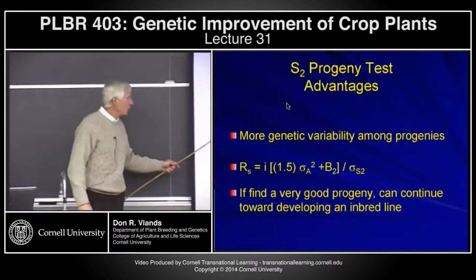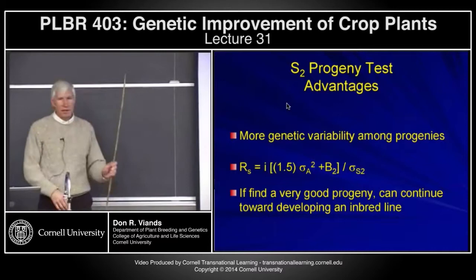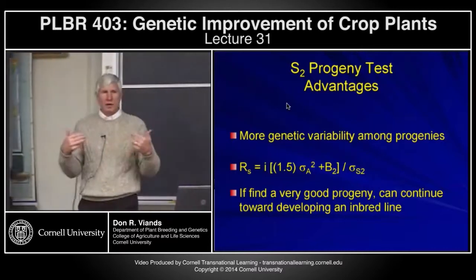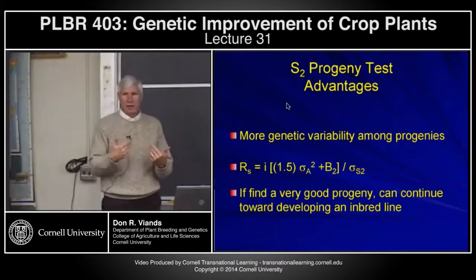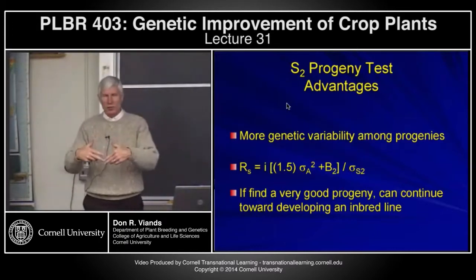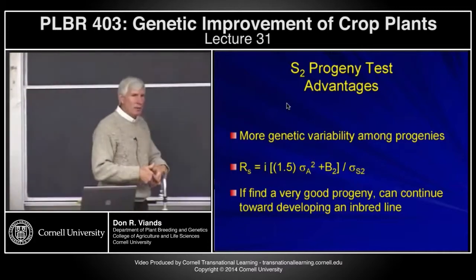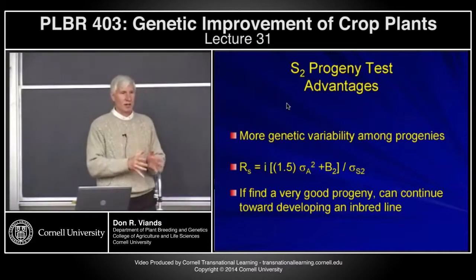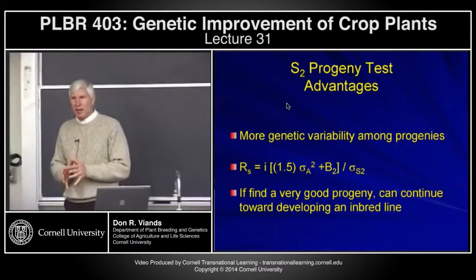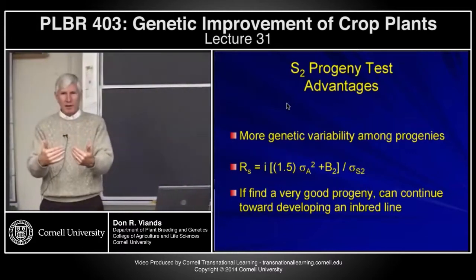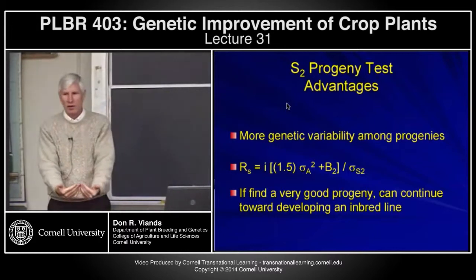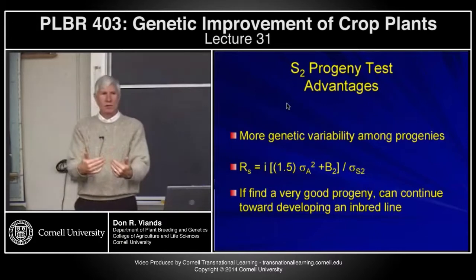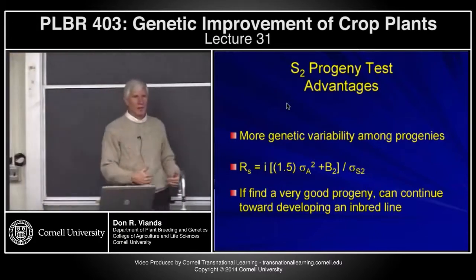But a third advantage is this one: if you're working with a crop like corn, or any crop where you eventually will be producing inbred lines and crossing those to produce a hybrid variety, and you happen to be looking at S2 progenies and you see one that looks really, really good, just outstanding, you're already part way to developing an inbred, and you can just carry that line on down a few more generations to produce a superior inbred line. So it does give you that opportunity because you're already part way there.